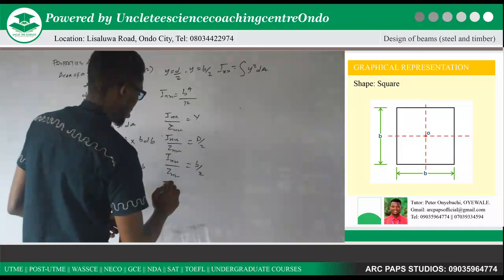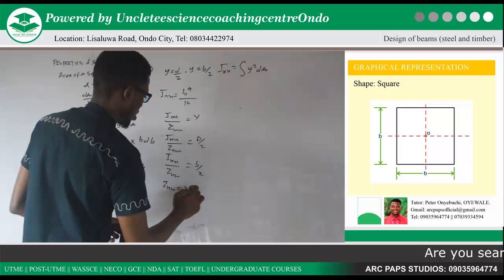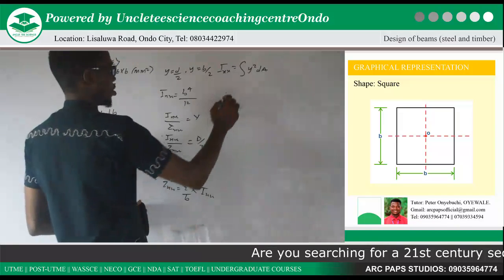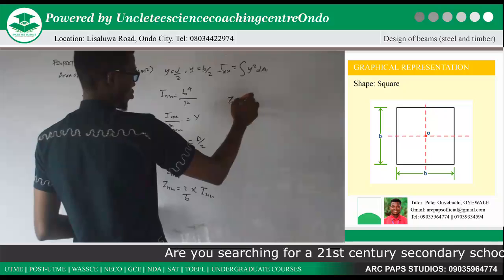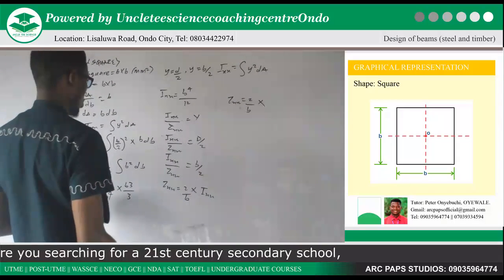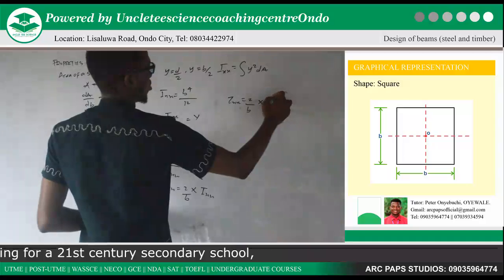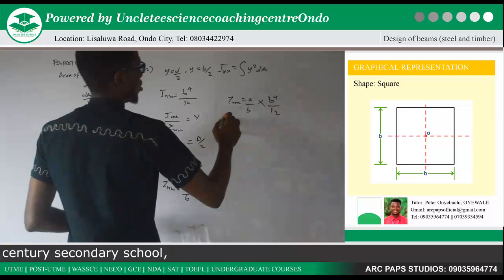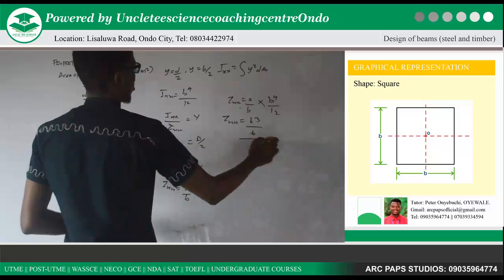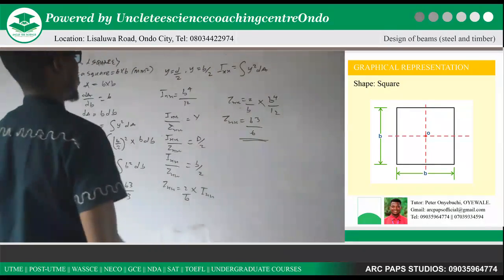Now if we make Zxx the subject of the formula, that will give us 2 over b times Ixx. Now it means our Zxx is 2 over b times our Ixx, which is b raised to power 4 divided by 12. Now our Zxx will then give us b raised to power 4 divided by 6, being b cubed over 6.